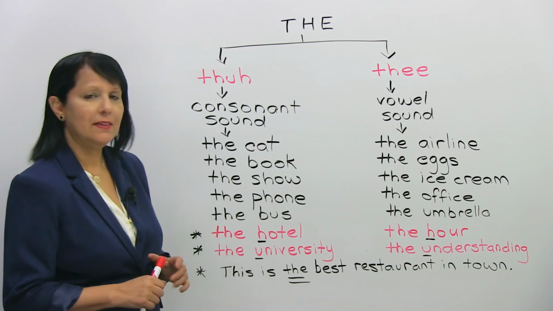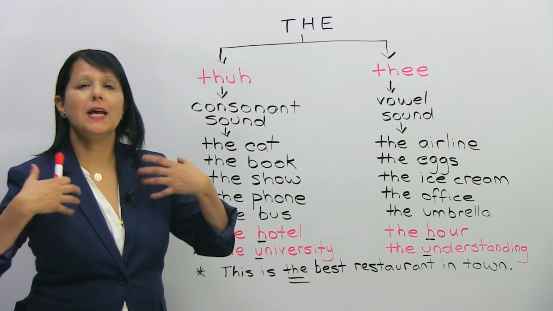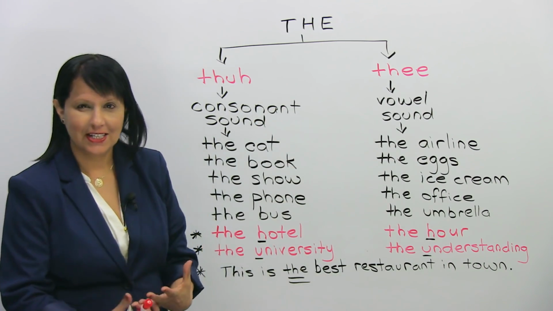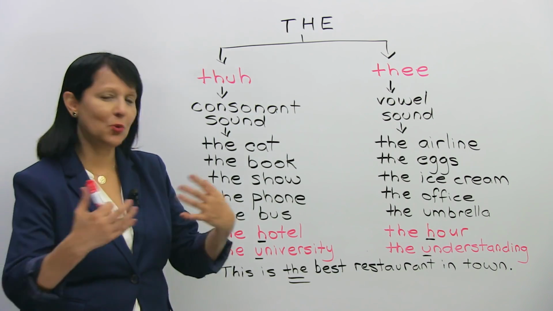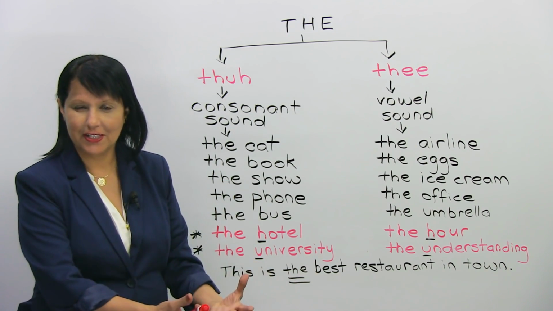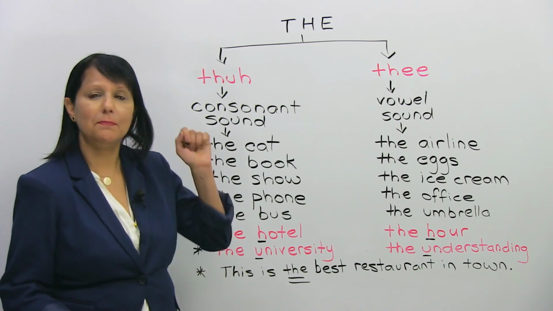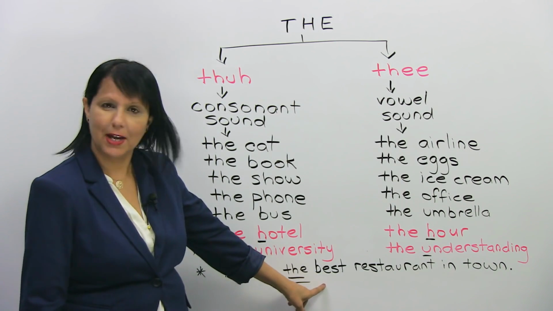All right. And there is one other exception. Sometimes when we want to emphasize something, then we do say the. And then it doesn't matter if it's a consonant sound or a vowel sound for the word that comes after the. For example, this is the best restaurant in town. So here, look what happened.